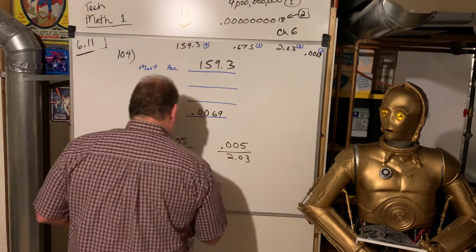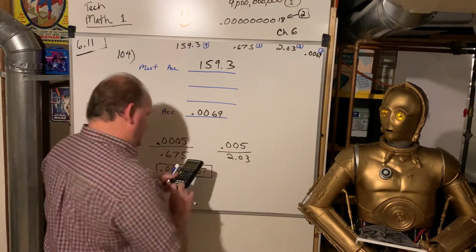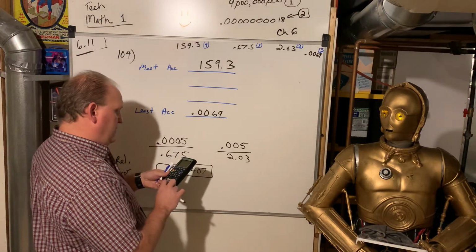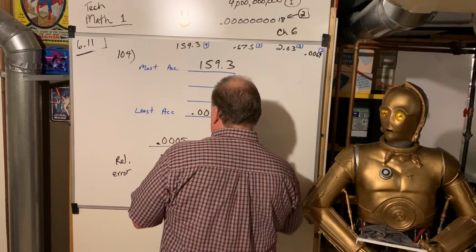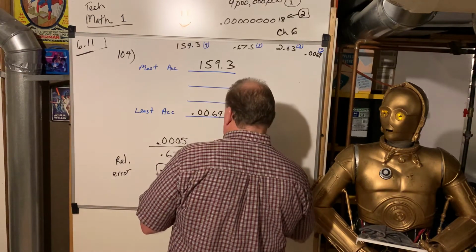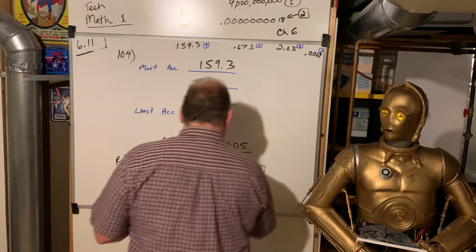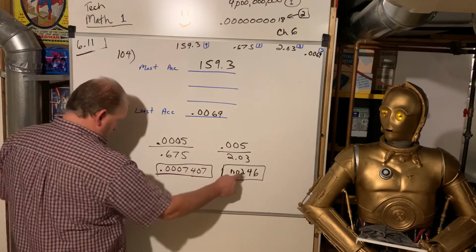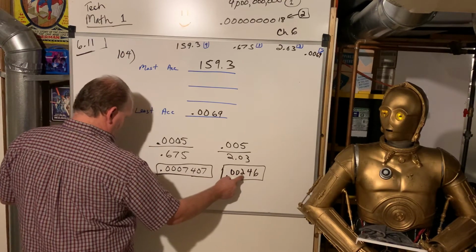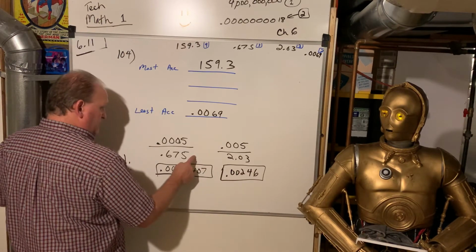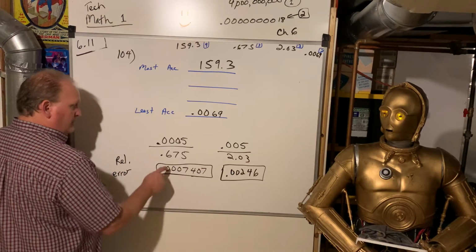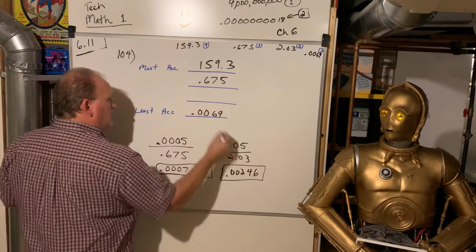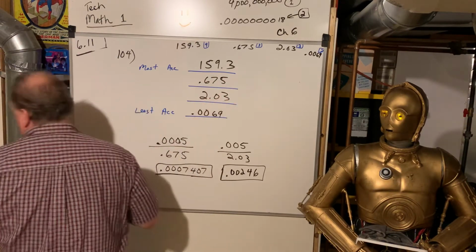So that is the relative error for this number. This one is 0.005 divided by 2.03. That is 0.00246. So this one, tenths, hundredths, thousandths, and then 7 is smaller than this one, tenths, hundredths, thousandths, right? Where there's a number there. So this one is smaller. Smaller relative error means more accurate. So 0.675 goes there, and 2.03 goes there.